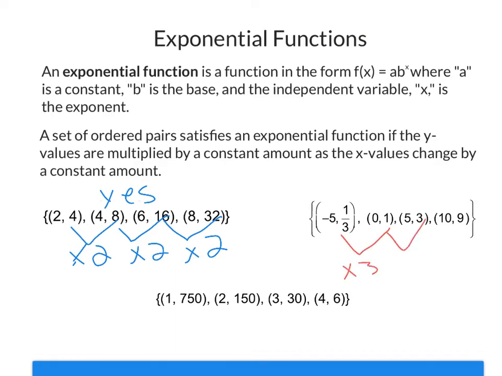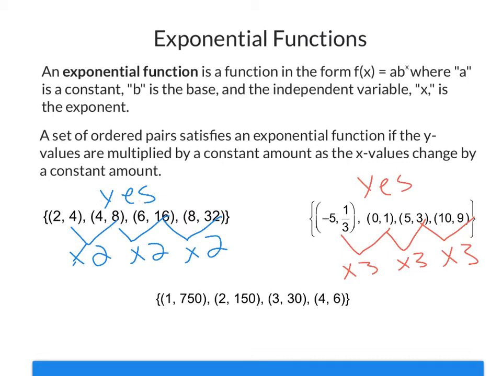To get from 1 to 3, I multiply by 3. And to get from 3 to 9, I also multiply by 3. Since my x values are going up by a constant amount each time, and my y values are being multiplied by a constant each time, this set of ordered pairs also satisfies an exponential function.